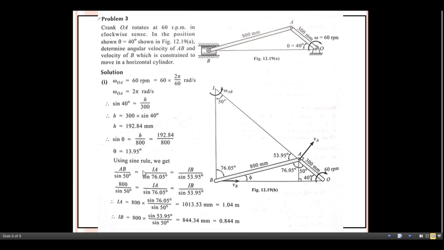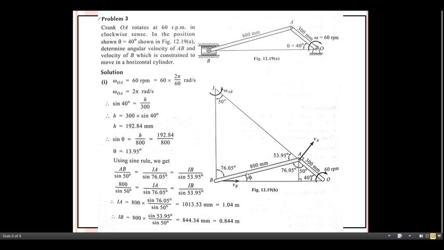Now using the sine rule, once we get the value of this angle as 13.95, let us consider it as theta, because the theta notation is used here. So theta is 13.95.